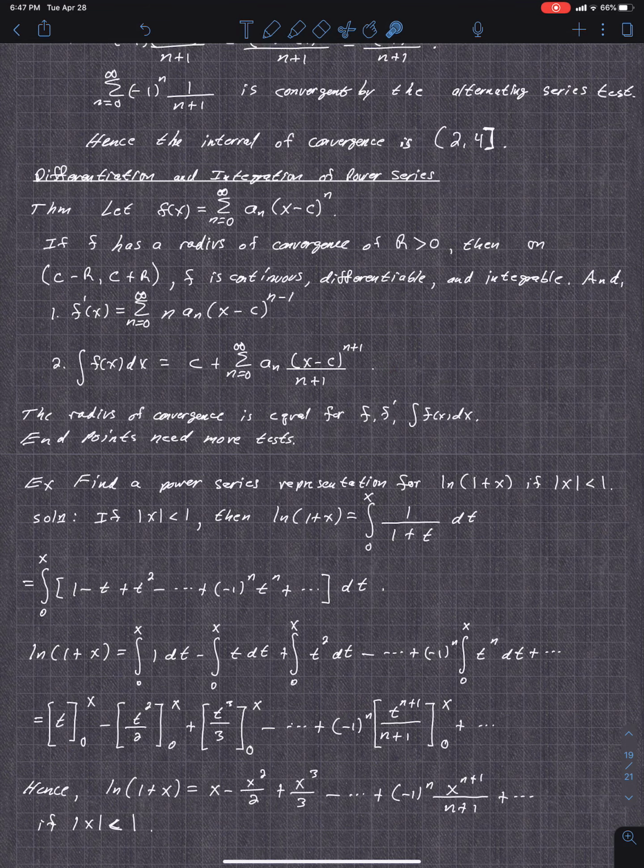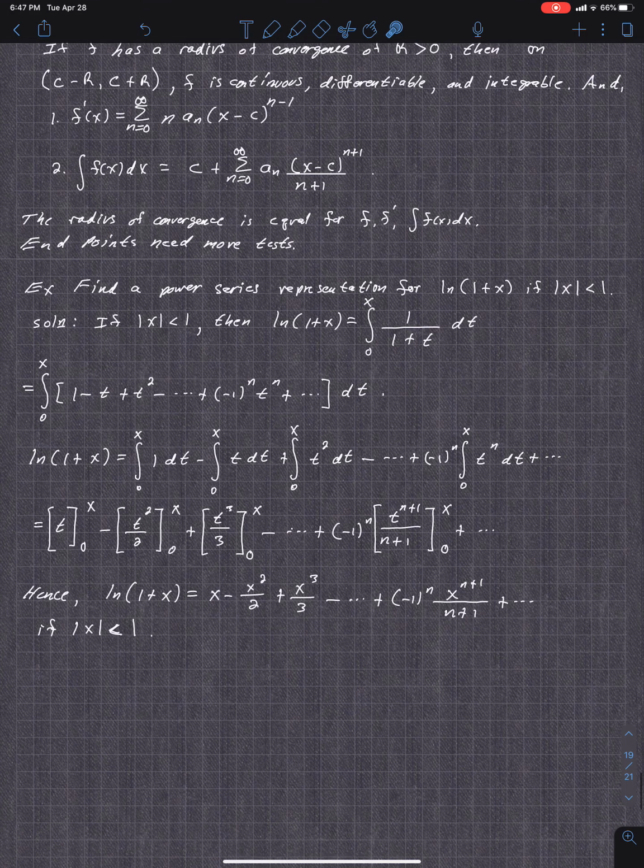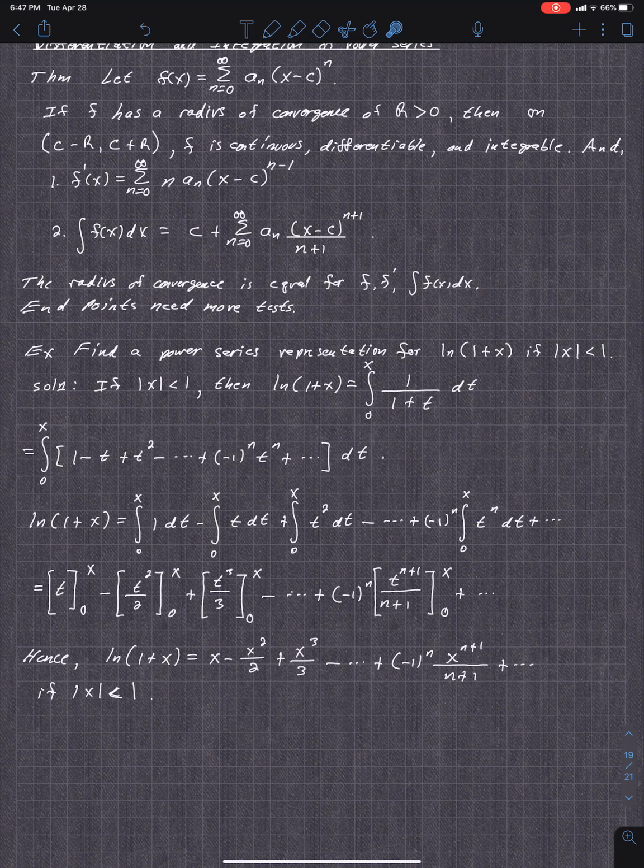The radius of convergence is equal for f prime and the integral of f, but the endpoints you have to test. All right, so try this example here for power series.